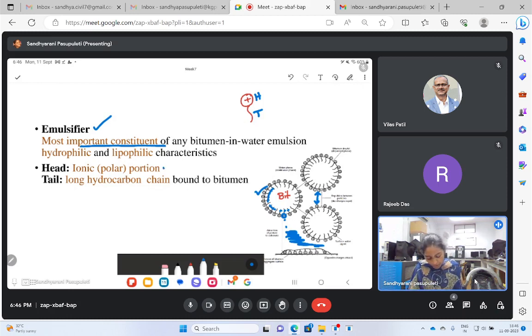So what do the head and tail do? The head has a positive charge, which is the polar portion. We call it the ionic portion, because the head gives an ionic charge to the bitumen. The tail has a long hydrocarbon chain, and this chain is bound to the bitumen, that means it enters into the bitumen.